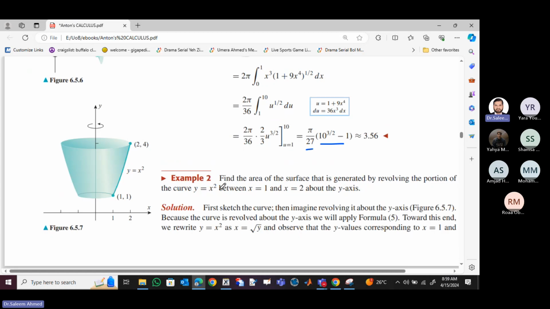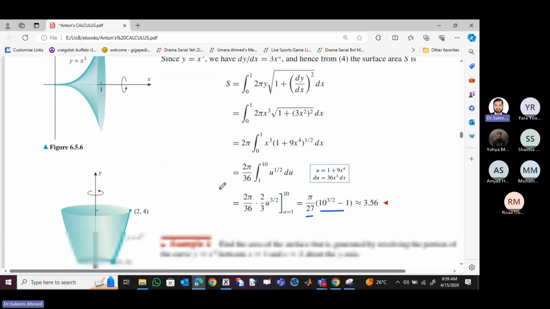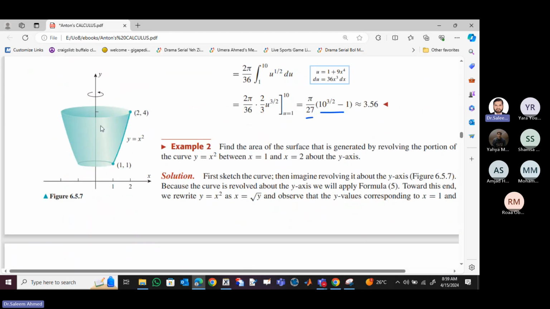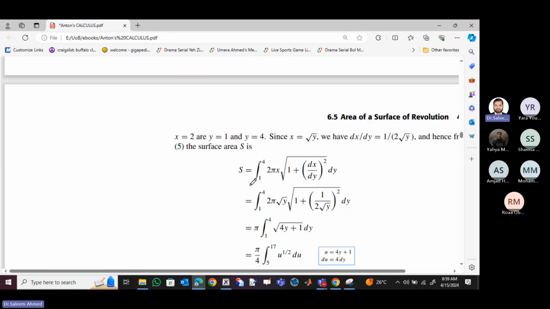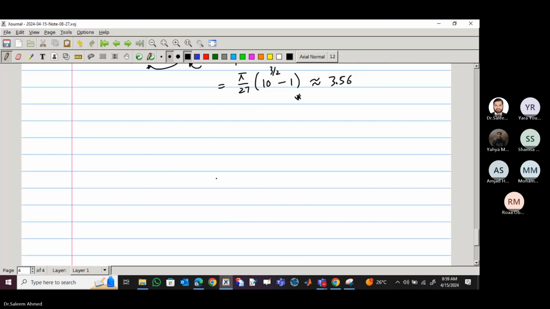We can also do it with respect to the y-axis. Let's say if, instead of x, they say rotate it about the y-axis. If they rotate it about the y-axis, then of course I can change my formula, like the arc length formula, right? We can easily change it.